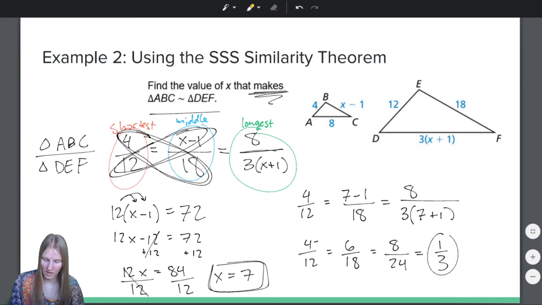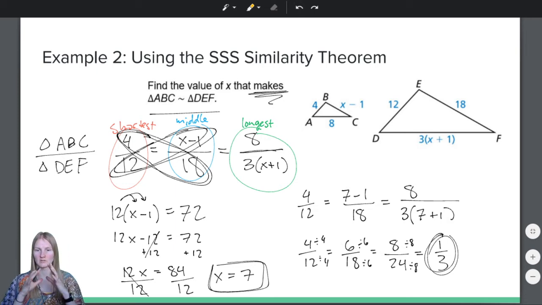If I divide by 4 on the top and bottom of the first, by 6 on the top and bottom of the middle one, and by 8 on the top and bottom of the last one, all of these are equal to 1/3. And 4 times 3 is 12, 6 times 3 is 18, 8 times 3 is 24. All of these ratios are equal to each other, which means that x equals 7 was correct.